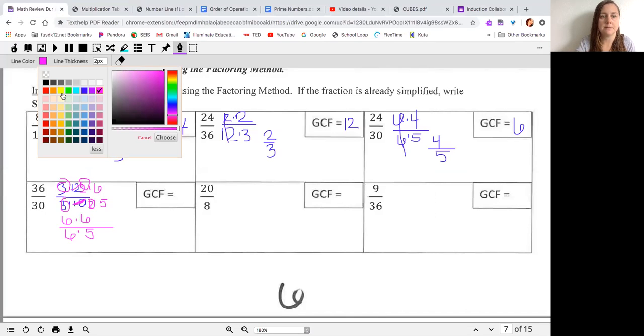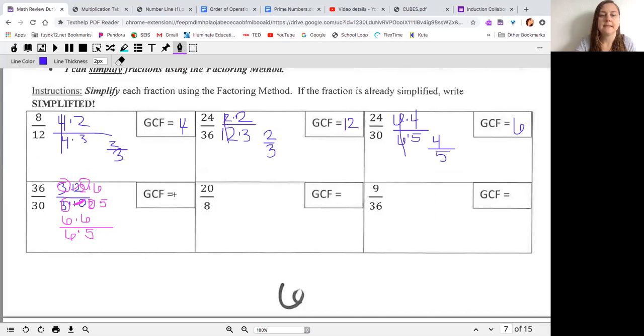Let me turn this back to my blue color I'm using today. So these I can cross off, and that makes my greatest common factor 6, and then 6 over 5 is the problem simplified. So if you were to write 3, you wouldn't get full points because even though 3 is a factor, 6 is the largest factor.